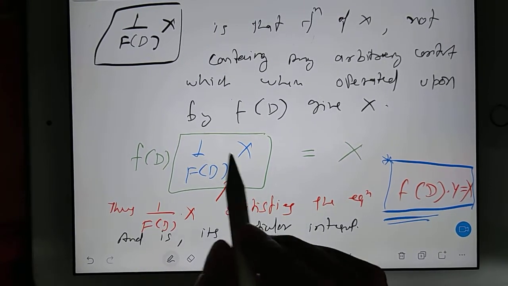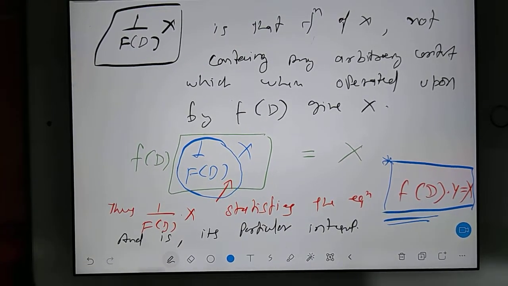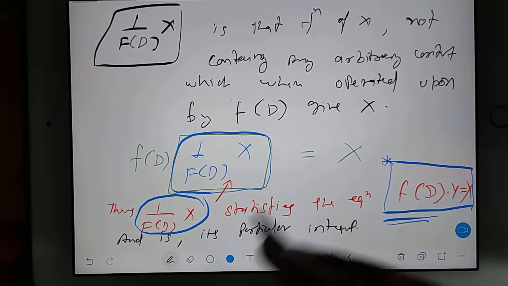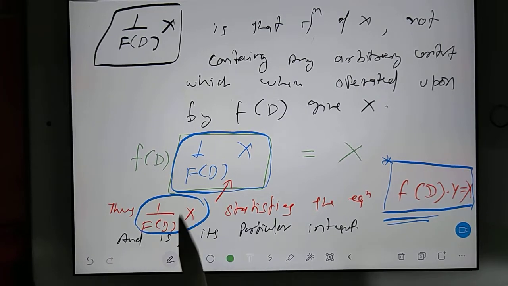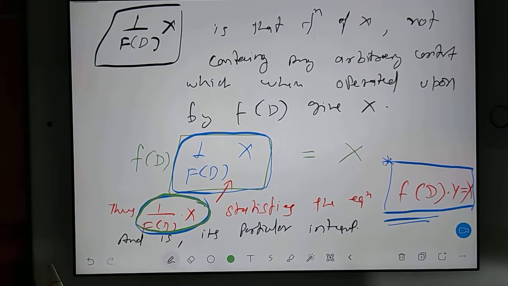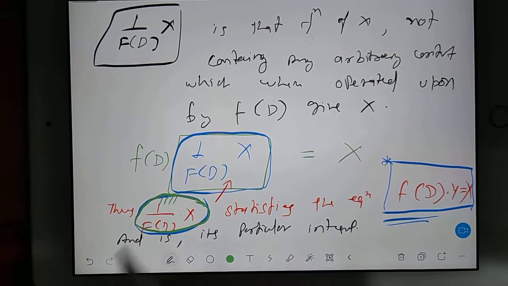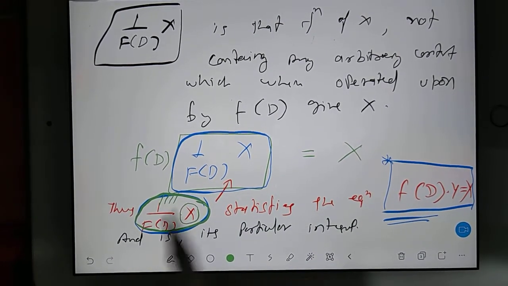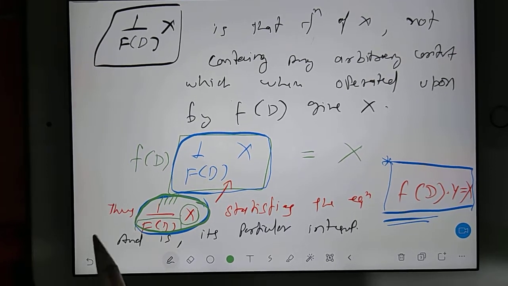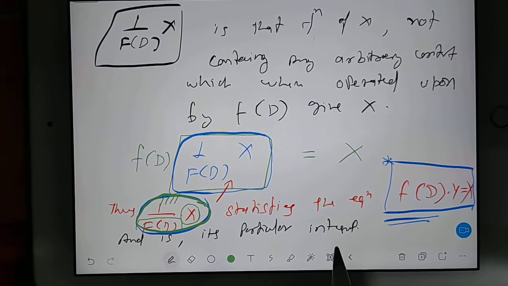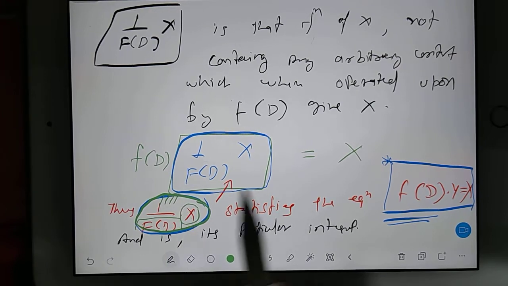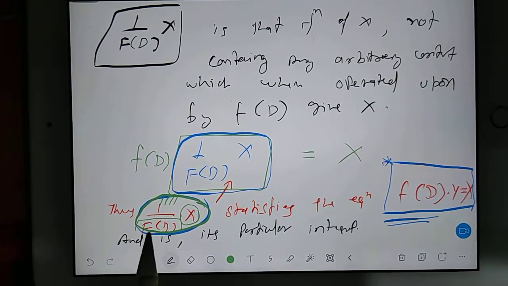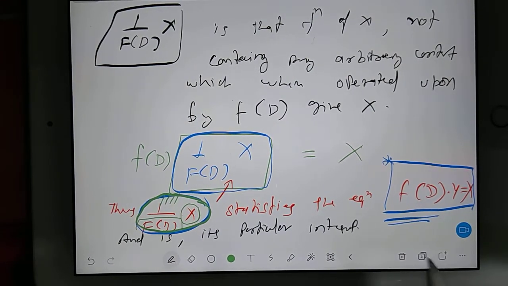It means this guy is going to be my particular integral. So whenever you land at this stage, you have to open it and solve. In different cases of x and different cases of fd, we have to learn how to solve. That will be my PI, meaning particular integral. I'm changing the page.